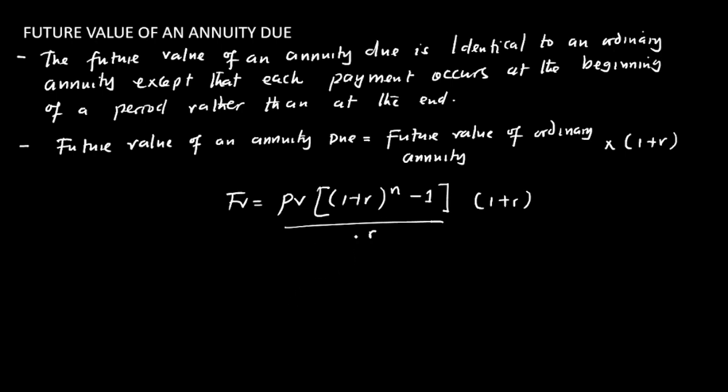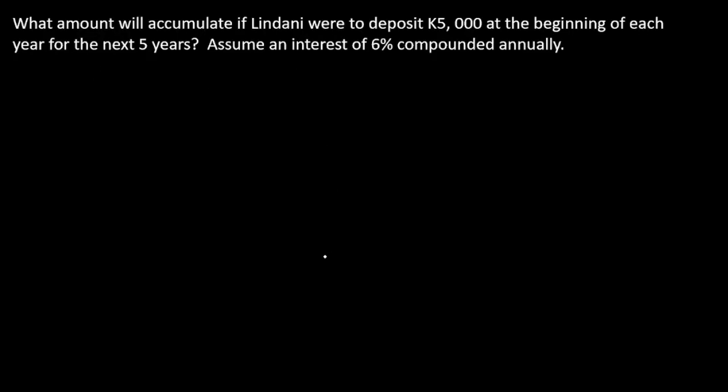So after we are done with that, we can now fuse in numbers. So how do we solve that one? Let's look at an example. What would accumulate if Lindani were to deposit 5,000 at the beginning of each year for the next 5 years? Assume an interest rate of 6% compounded annually.